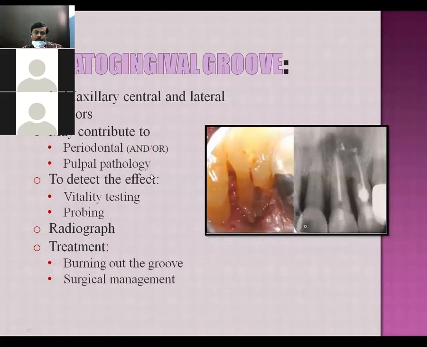Another anatomical factor which may lead to endo-perio lesions is the palatogingival groove. This is a developmental groove most commonly seen on the maxillary lateral and central incisors.